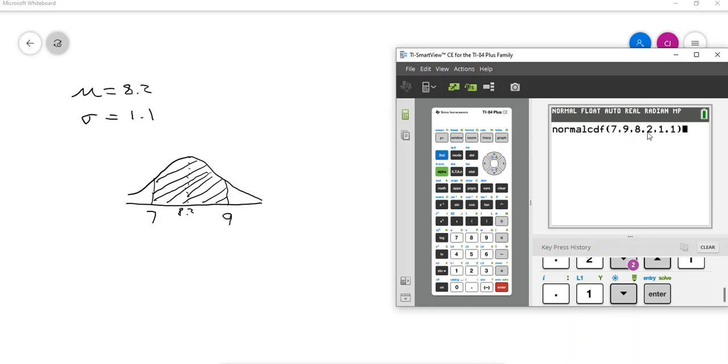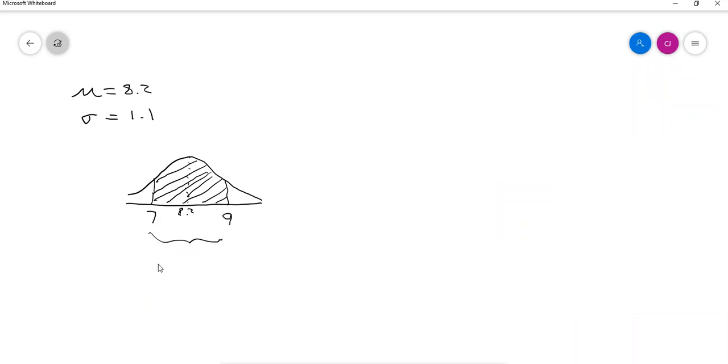Here's the mean and the standard deviation, and then we hit enter. Regardless of the calculator, you hit enter and you're going to get 0.6288. So this area from here to here is 0.6288. That's our answer.